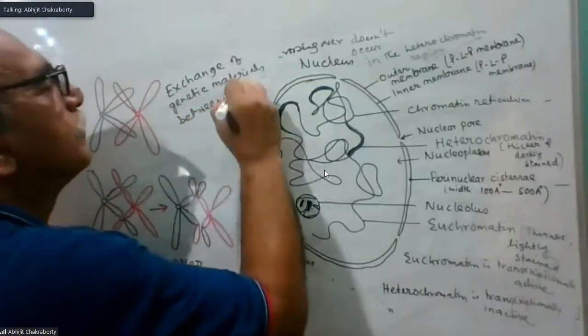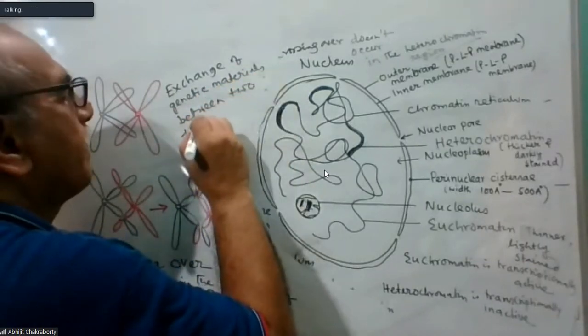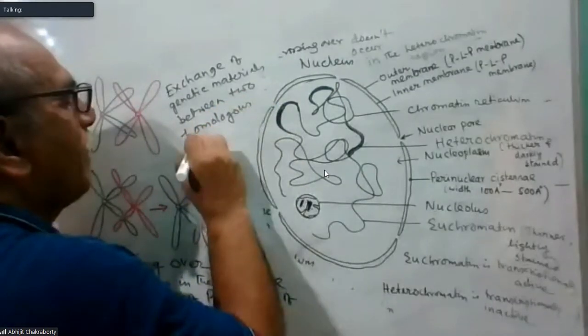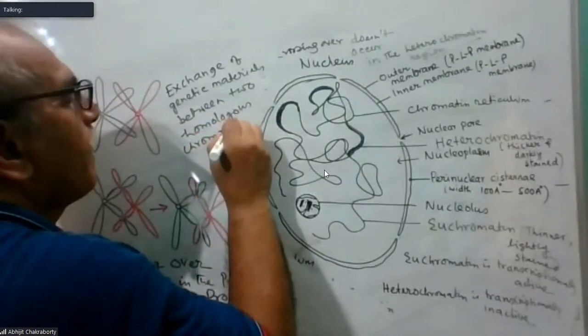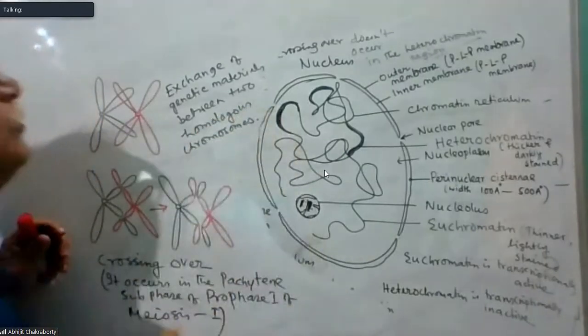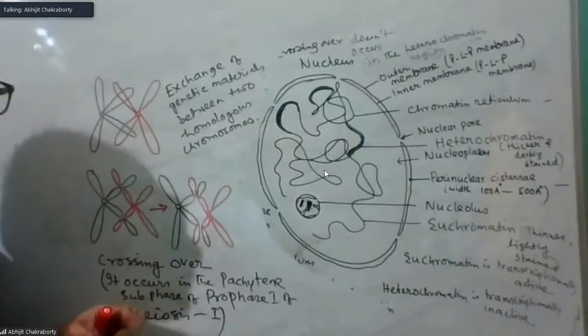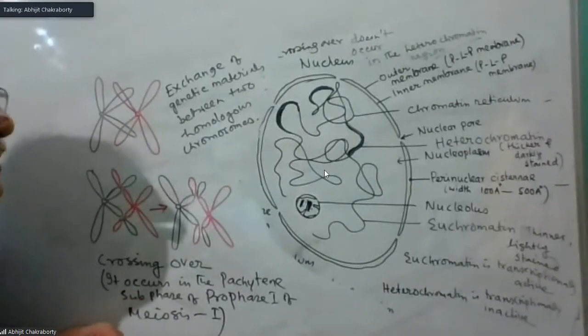Homologous chromosomes, of which one is paternal, the other is maternal.